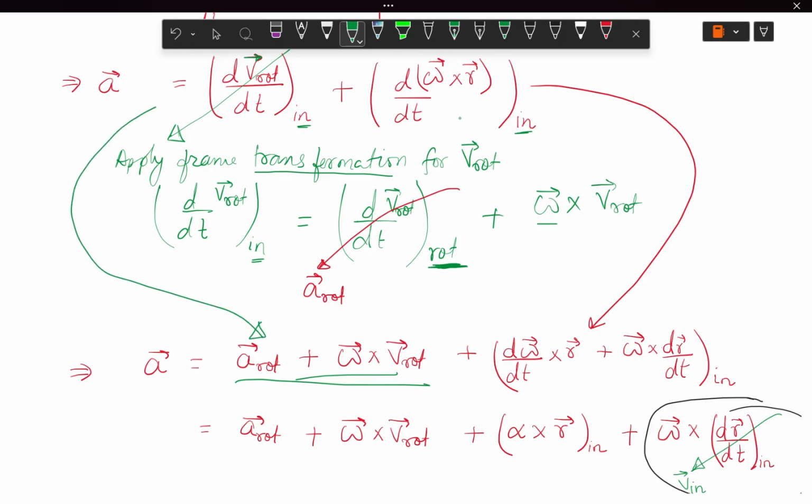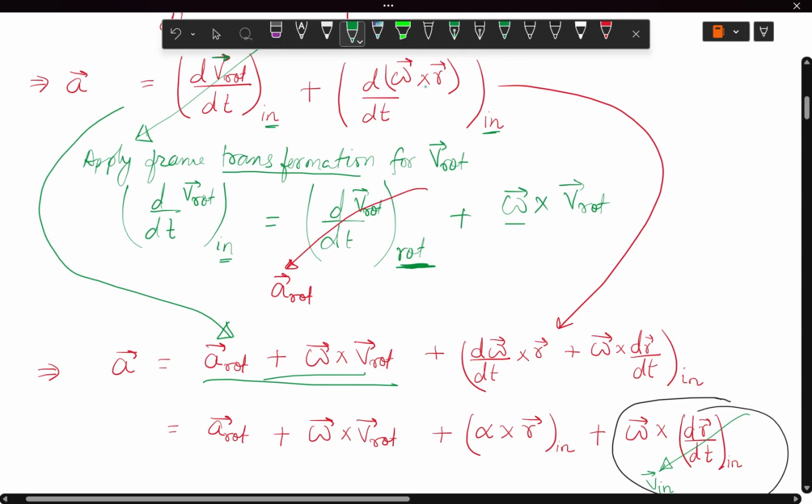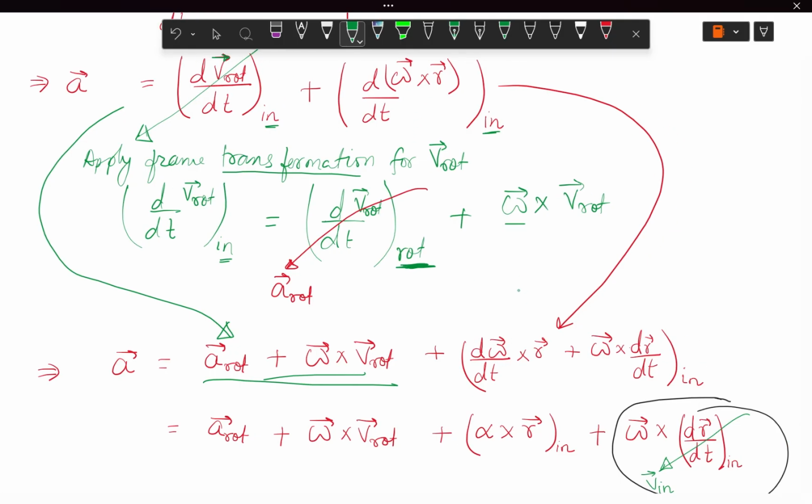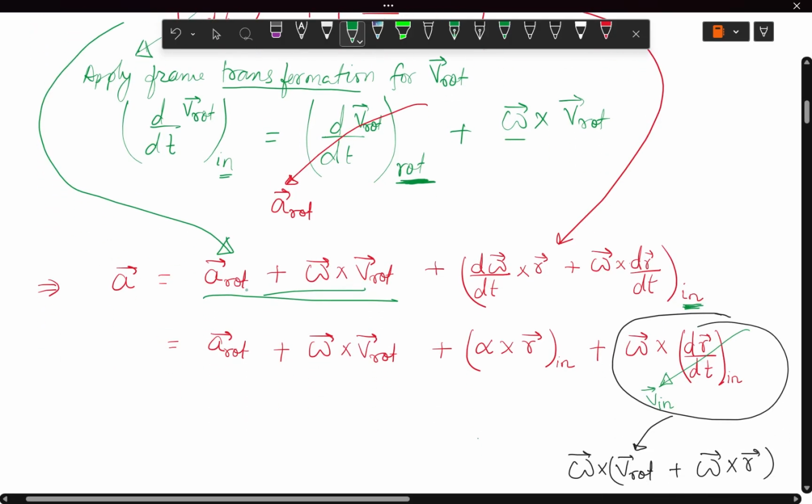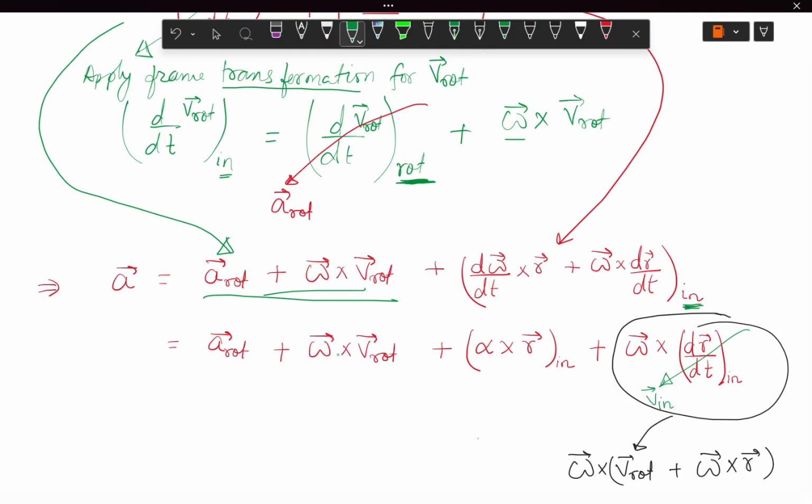plus d/dt of omega cross r. You take the product rule here. You will be getting d omega/dt cross r plus omega cross dr/dt with respect to which observer? Inertial observer, right? Again, I'm writing AROT plus omega cross VROT, velocity with respect to the rotating observer, plus alpha cross r. So d omega/dt is nothing but alpha.